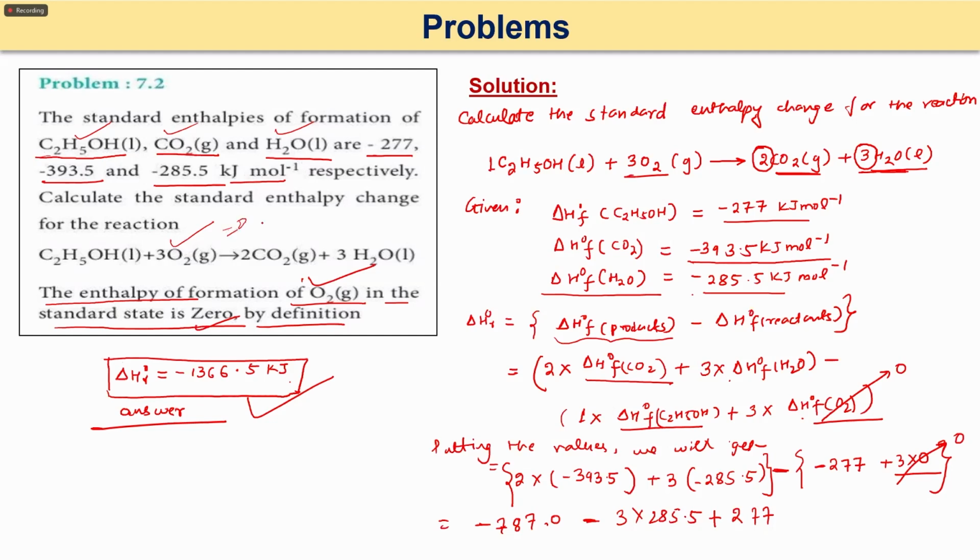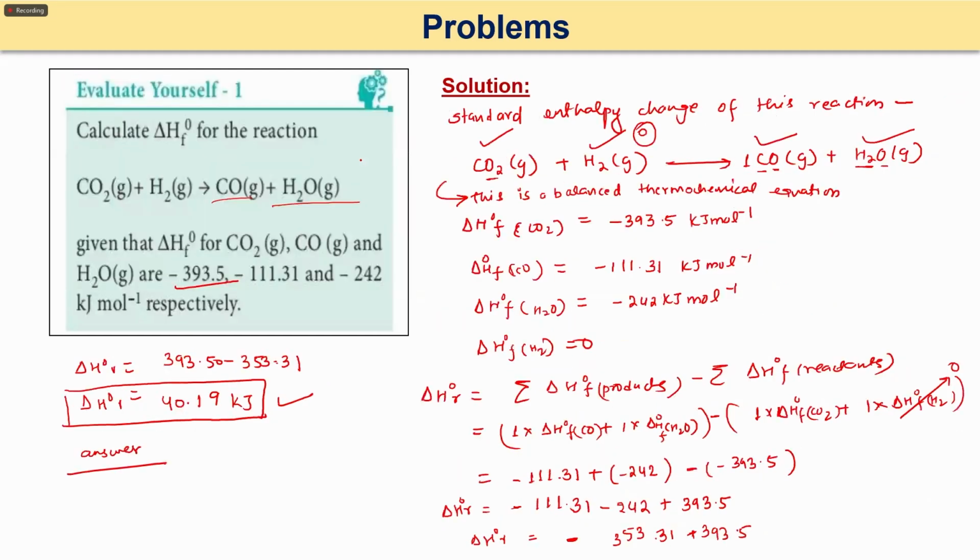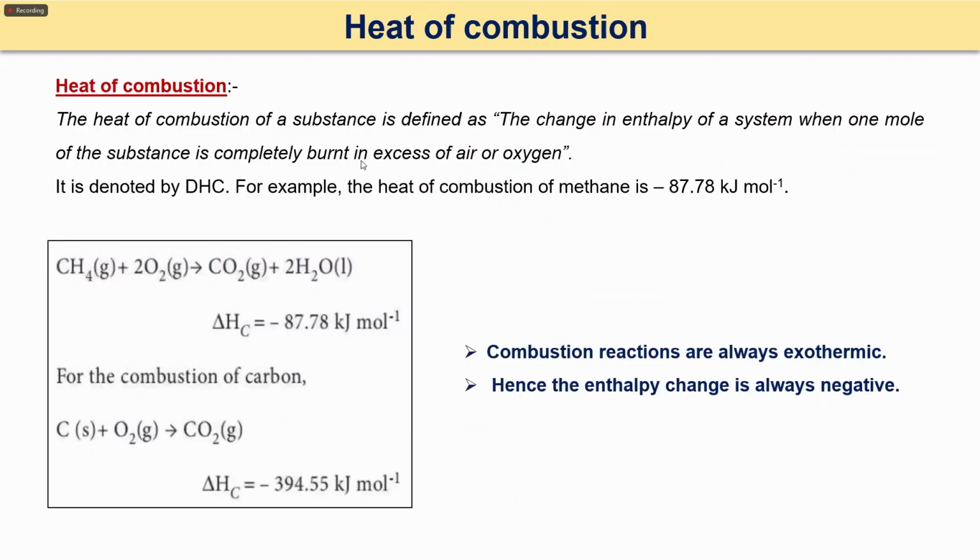So we have to remember that the standard enthalpy of formation of oxygen, hydrogen and nitrogen is 0, because for a diatomic gas it is 0. Otherwise we would not be able to solve this question. Now we have solved this type of question, so let us move to the next slide.